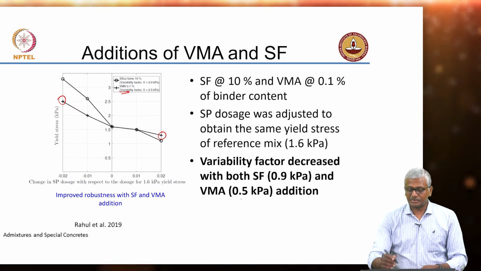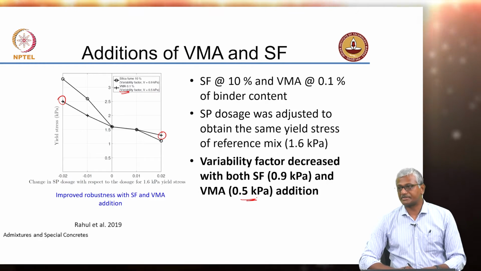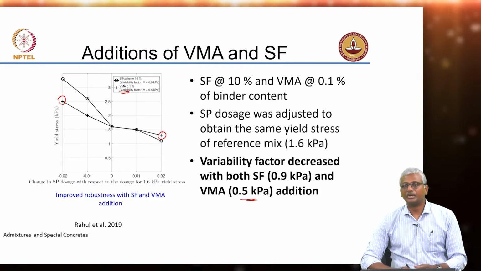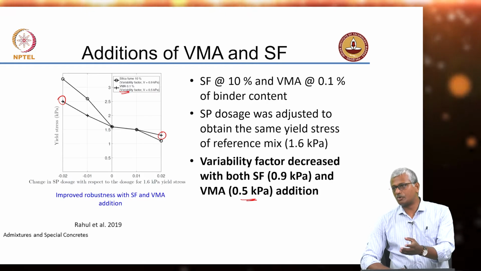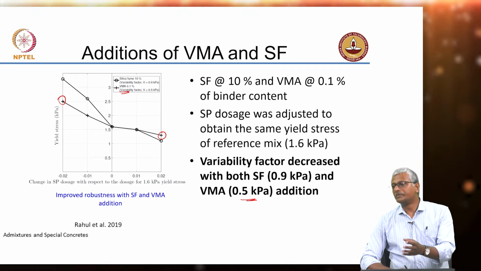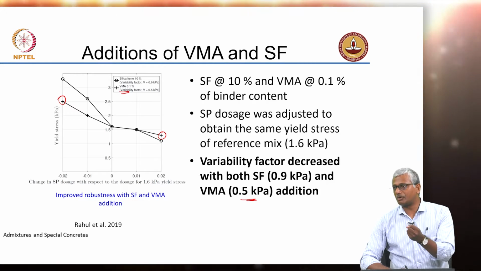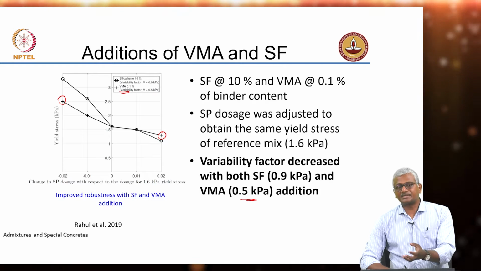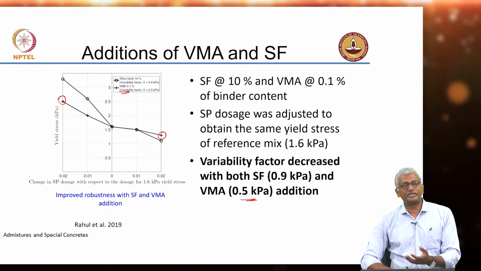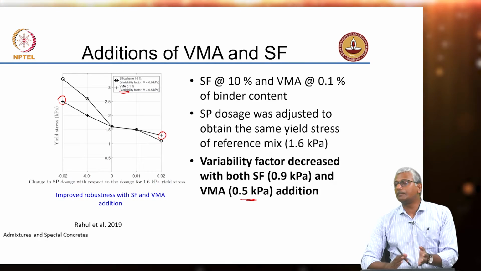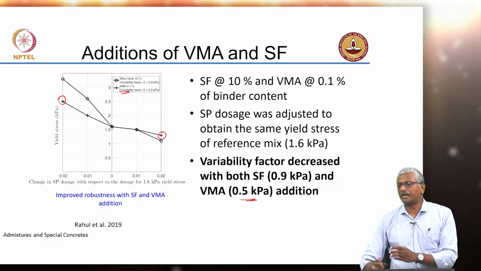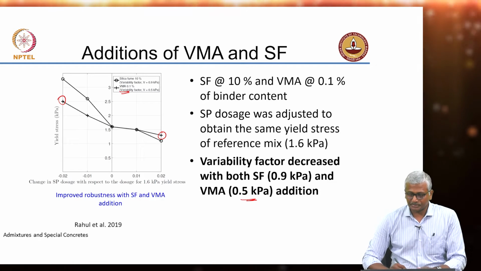The variability factor was down to about 0.5 kilopascal when VMA was added to the system. VMA, as we have discussed before, controls the viscosity of your concrete well, and in this case it was able to provide much better robustness. It could help the mix accommodate a slight difference in the superplasticizer dosage.